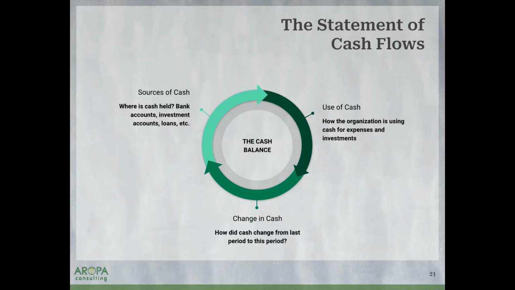Investing: maybe we are investing in our retirement accounts, or we have a savings account, right? It's still cash that we hold, but it's in a different spot, and it has a different use. And then financing, right? Do we have any loans? Do we have a car note? Do we have a mortgage? Those are all really important to know, because again, that is where our cash is tied up.